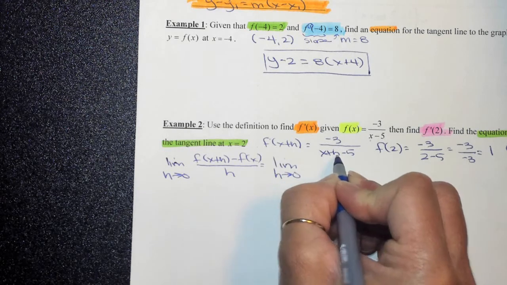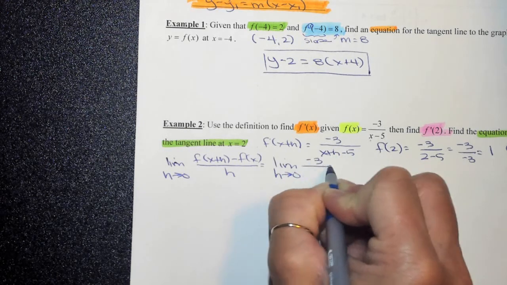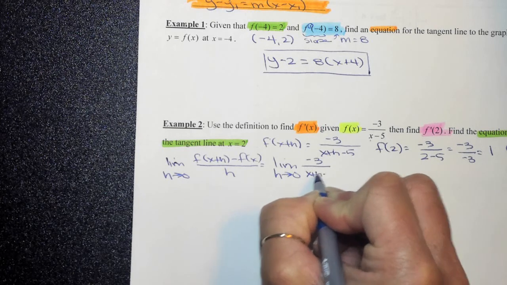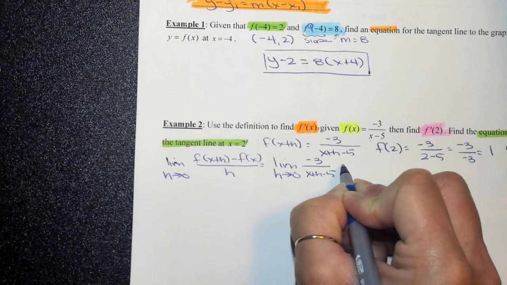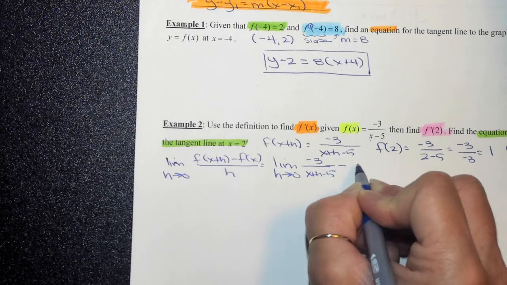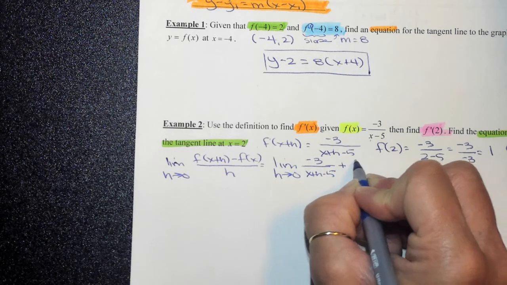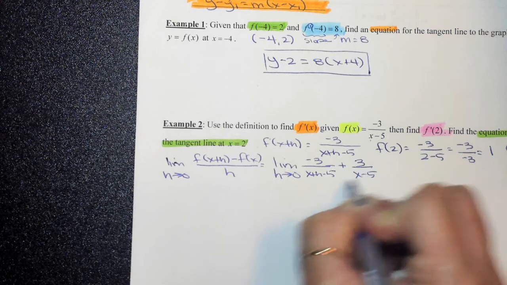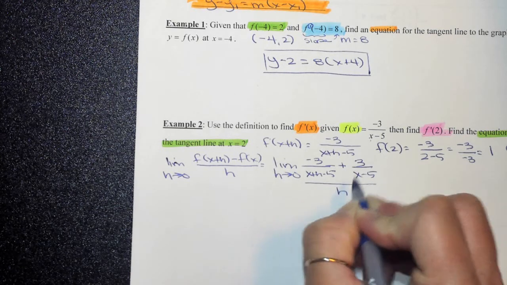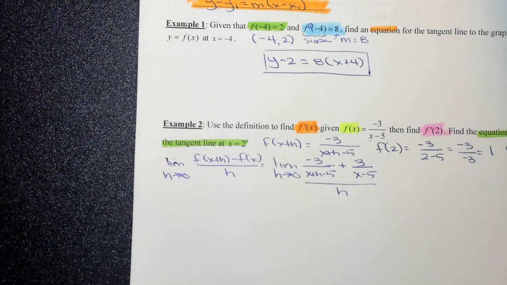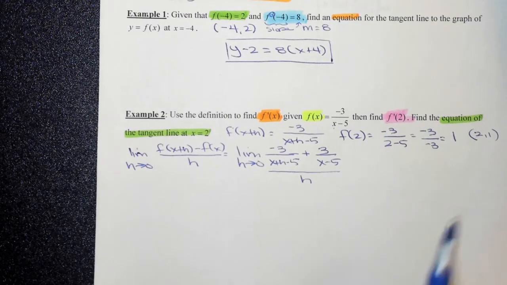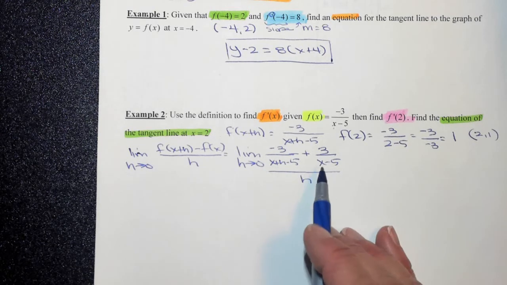Here is f of x plus h, so it's negative 3 over x plus h minus 5, minus f of x, which is this. So technically it's plus 3 over x minus 5, and all of this is over h. So even if I were to try direct substitution here, the function is undefined.